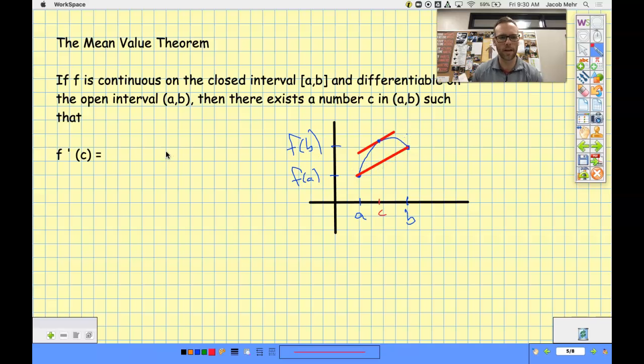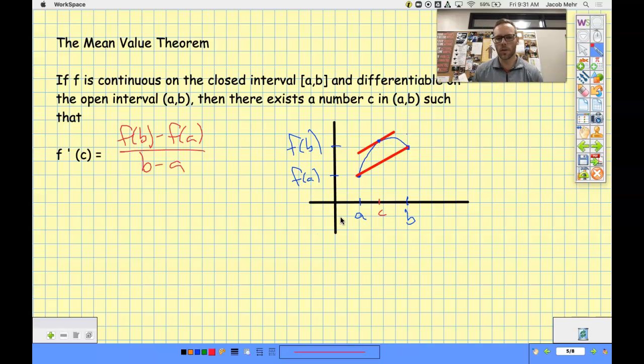It's f of b minus f of a over b minus a. Slope formula, rise over run. And that's it. Why is this called the mean value theorem? Because this is the average slope of the curve on this interval. It's the slope of that secant line.